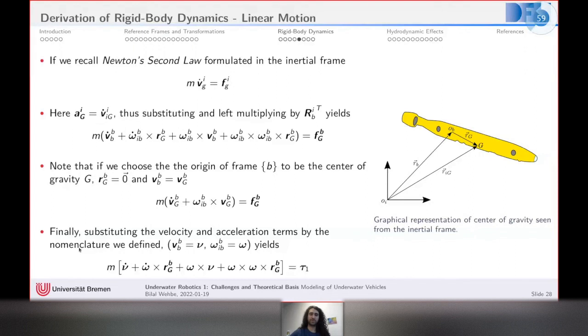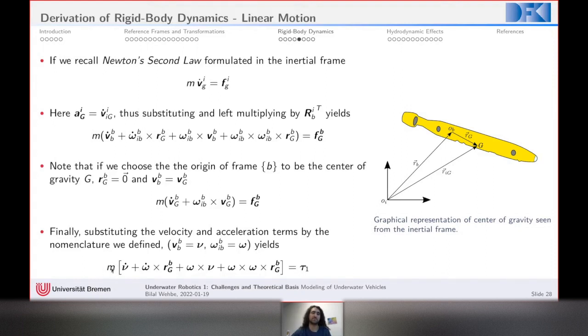Right, and finally, if we use the nomenclature that we defined earlier, the linear velocity in the body frame is just this vector here, u, and the angular velocity in the body frame is simply omega. We will finally arrive at these equations of motion.